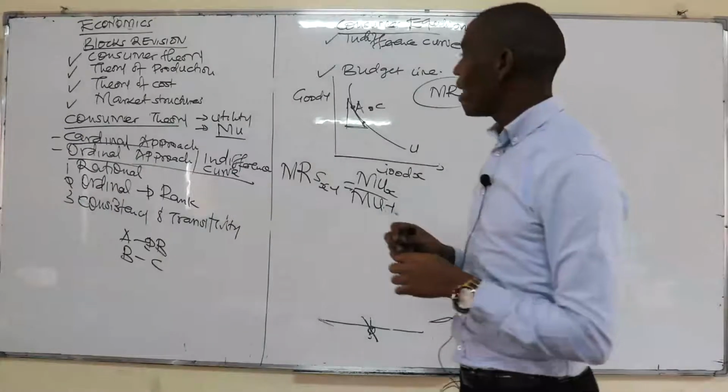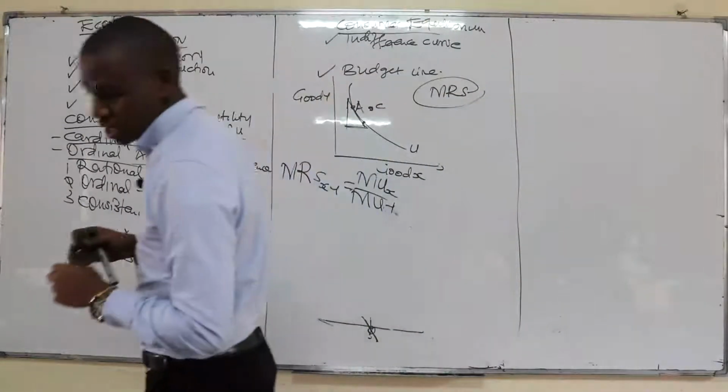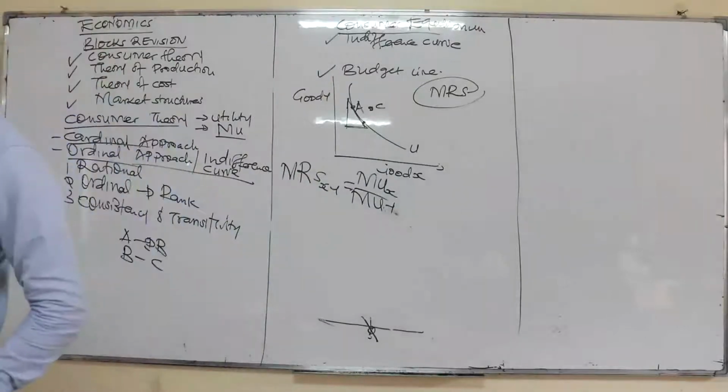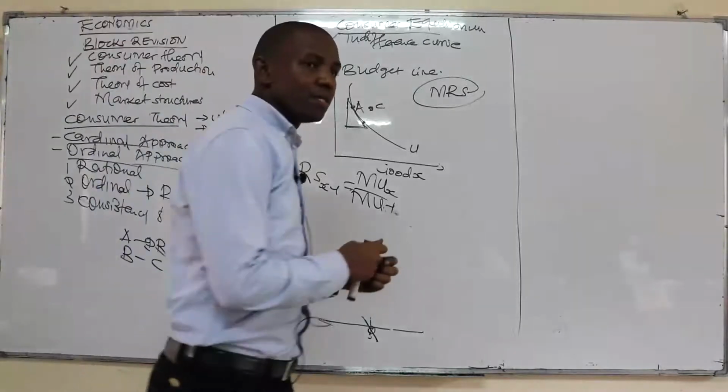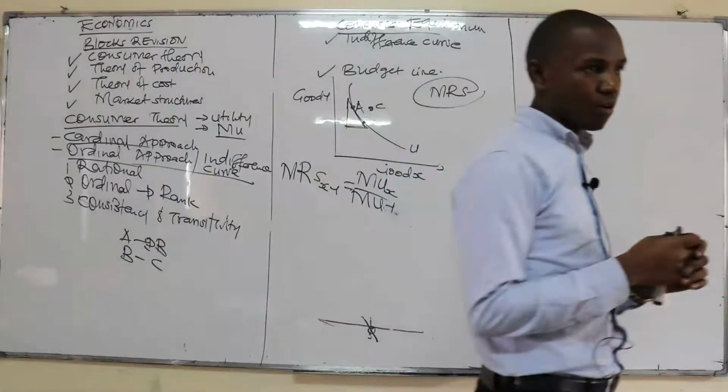Then the other property is that they are convex to the origin. This is as a result of the following.